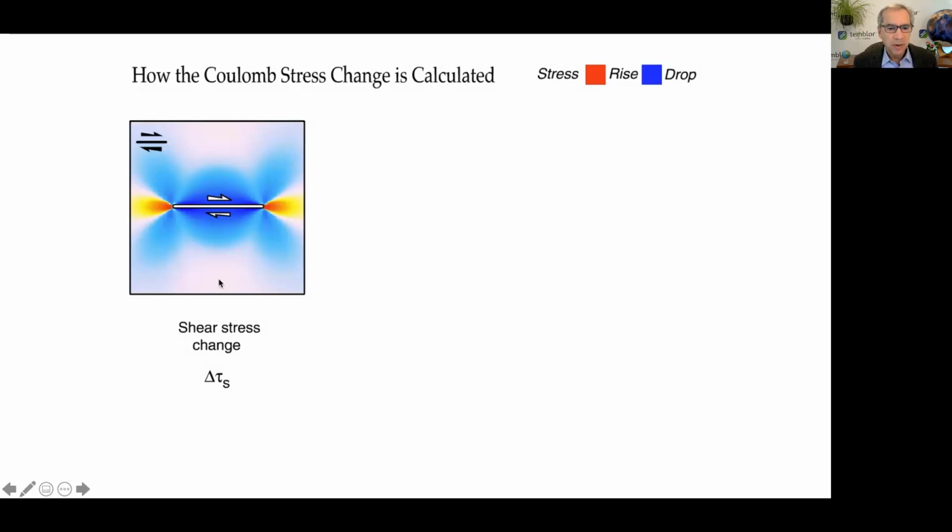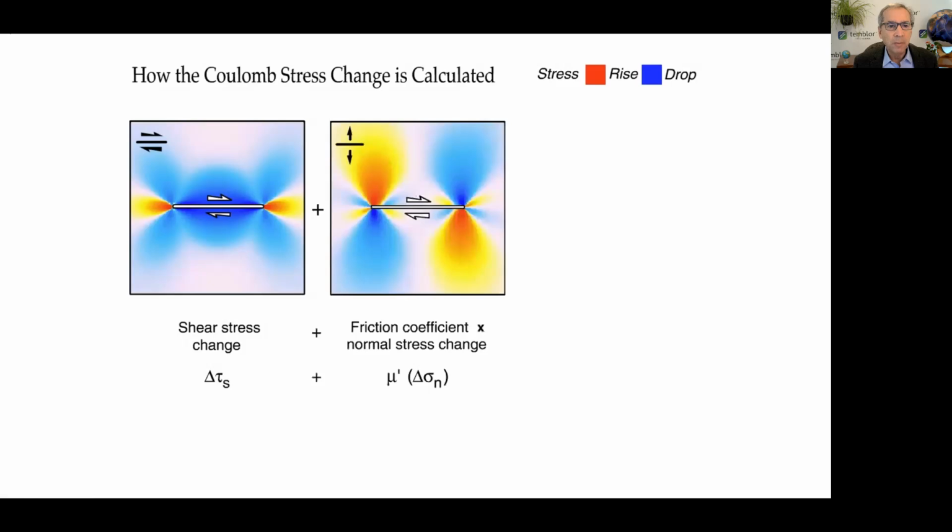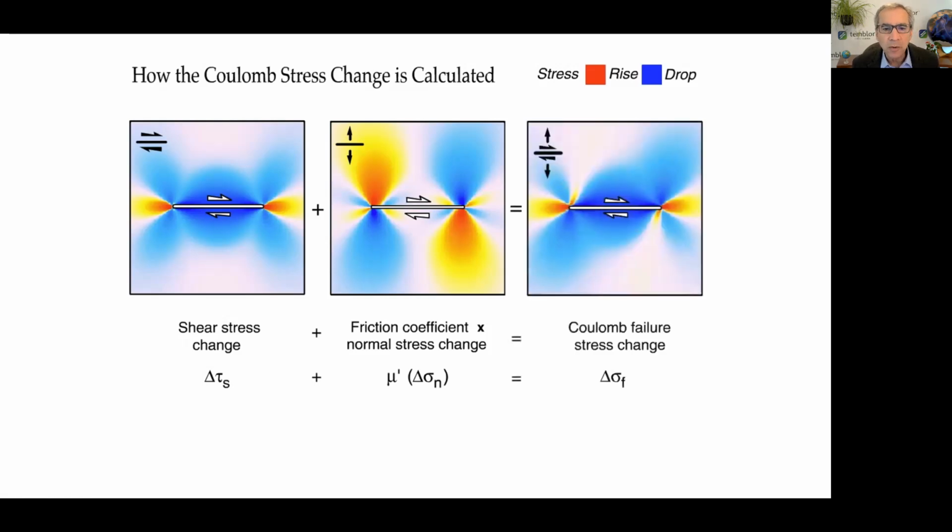Now, shear stress promotes failure on faults, but it's not the only thing that promotes failure. Unclamping faults also promotes failure. And if we put that into the mix, you can see that because we've pulled material away from here, we've unclamped the fault. We've shoved material over here, we've clamped the fault. And so if we multiply this panel times the friction, roughly 3/4, and add them together, we get the Coulomb criteria.